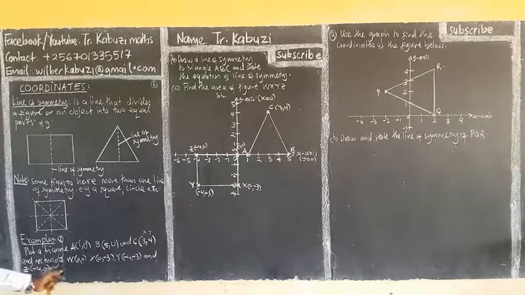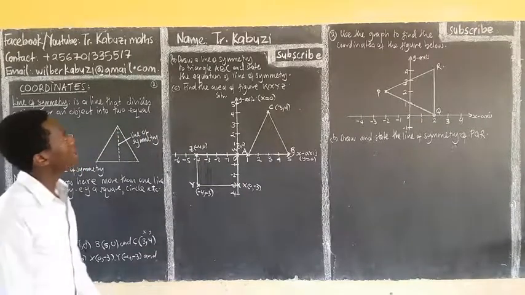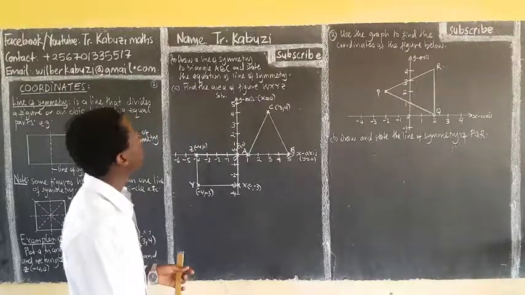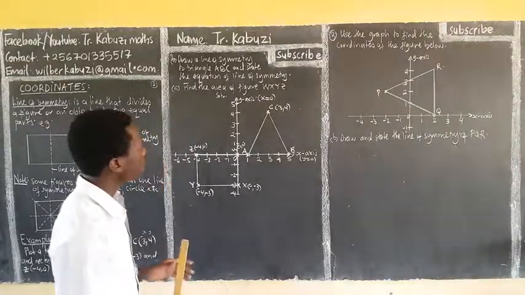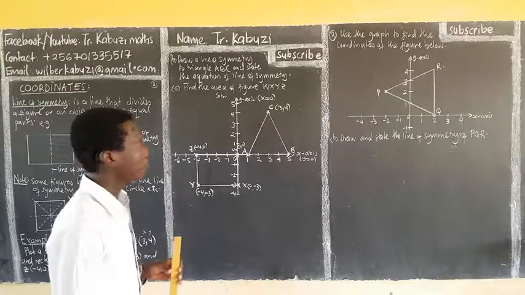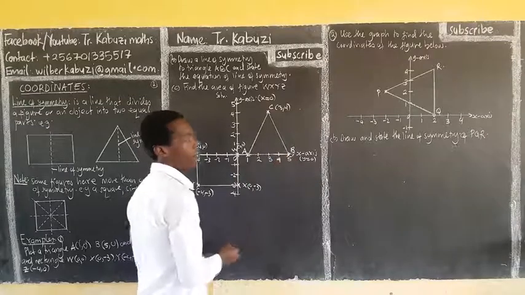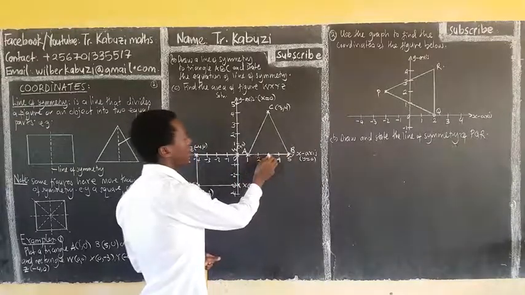So now, after that, they're telling me to draw a line of symmetry to triangle ABC and state the equation of the line of symmetry. Now, which line do you think is going to divide this triangle into equal parts? From here, the base, from here up to here, how many units? 1, 2, 3, 4.